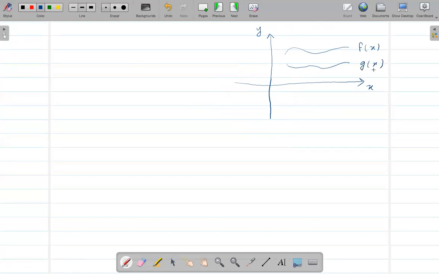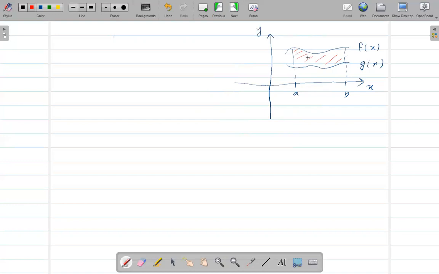Both of these are continuous functions, and let's say we have an interval A to B. Now I need to find the area that is enclosed by these two functions, f of x and g of x, within this interval. It's going to be this region.